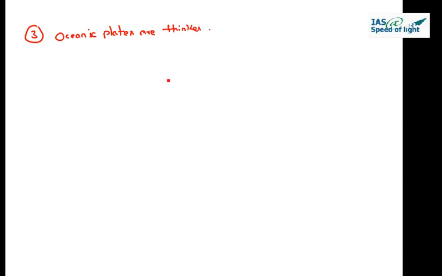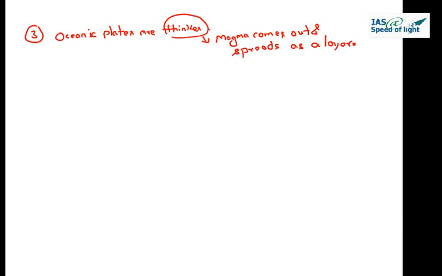So through this thin layer, the magma comes out and spreads as a flow. Because of being thinner, the magma comes out and spreads as a layer. If you keep these things in mind, then everything else is very simple in plate tectonics.